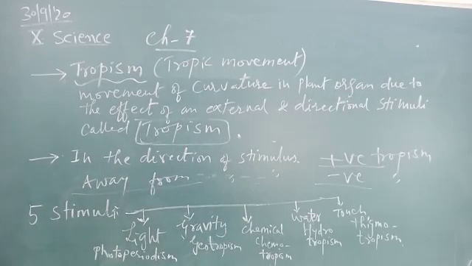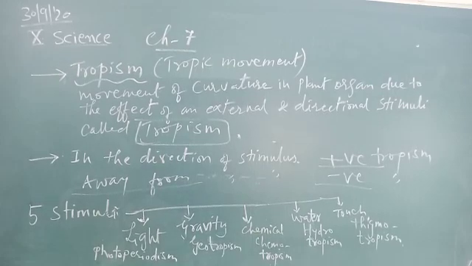Now for this, in your book, you can see activity number 7.2 and figures 7.5 and 7.6, and you have read activity 7.2. In this, the movement of the plant in response to light is shown in figure 7.5.